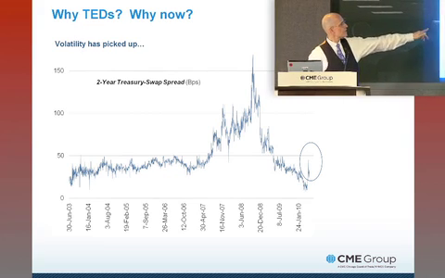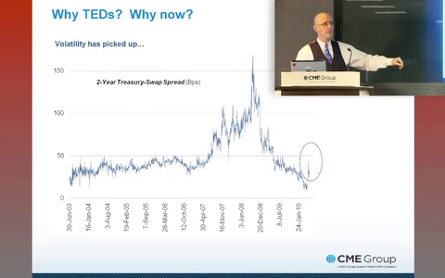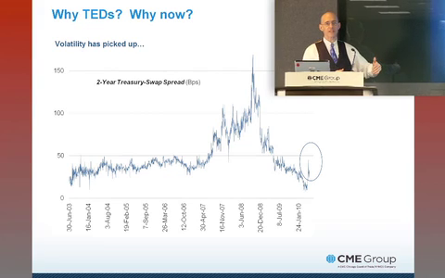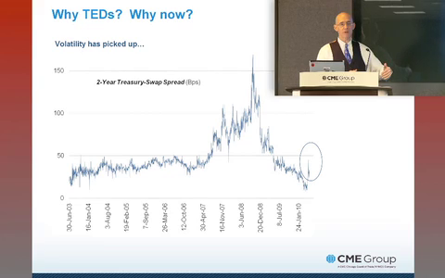Between 2007 and the end of 2008, you all are a smart audience, so I'm not going to belabor the point. But there's good volatility and bad volatility. Bad volatility is deep, structural, institutional, earthquake kind of stuff.